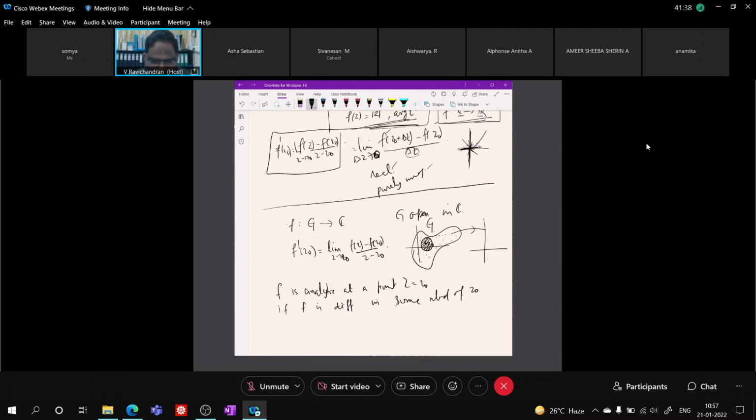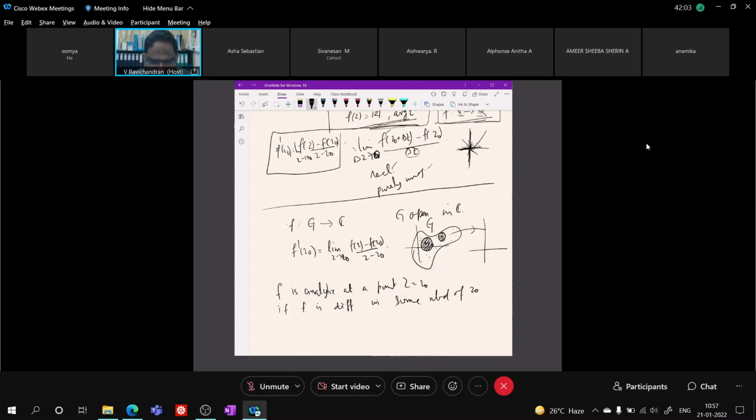And if G is open, what we can do is, if it is differentiable at all points, then for every point you can find some neighborhood in which the function will be analytic. Okay, so if G is open and the function is differentiable everywhere, then for every point z naught you can find a neighborhood in which the function is differentiable.